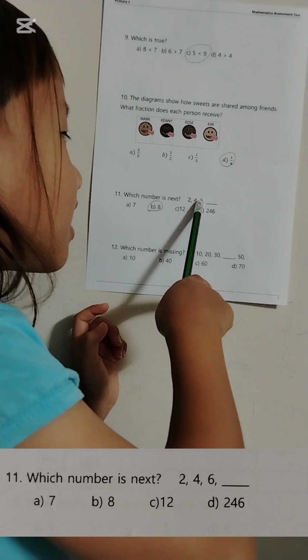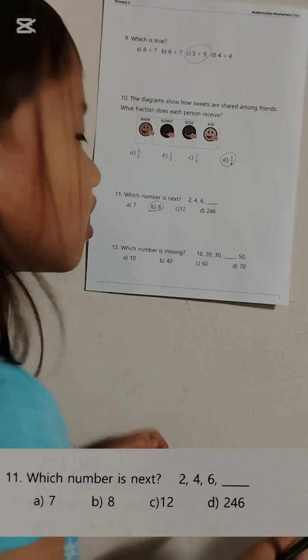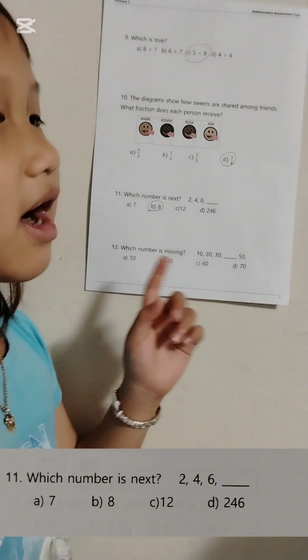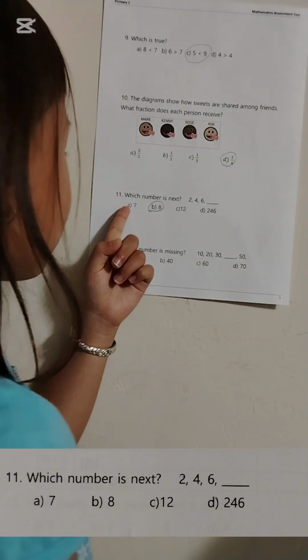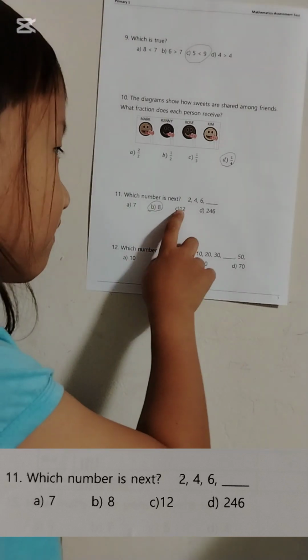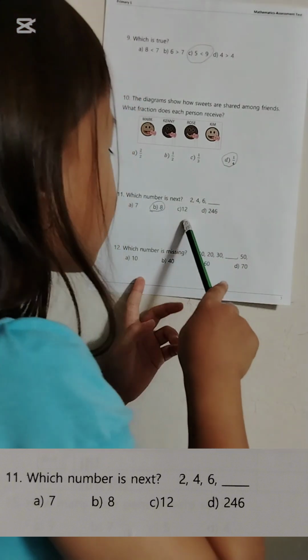Because if 7, we count right here 6, we count only 1, so equal to 7. So right here, if we said 12, from 6 we need to plus 6 more, equal to 12.